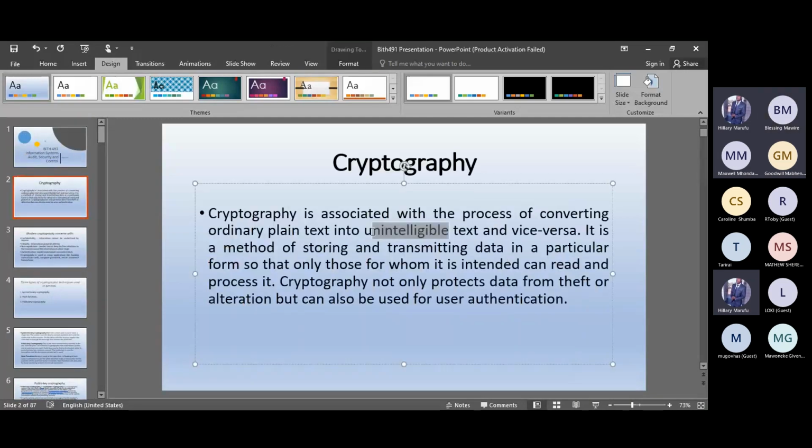If you Google what intelligible is, it means you can't make sense of it just by looking at it. You need some sort of manipulation. In our case, it's decryption, to actually get the plain text from that text or image that you would have.